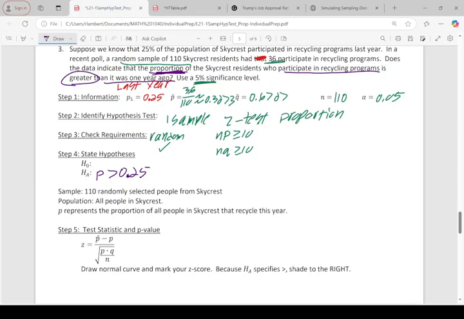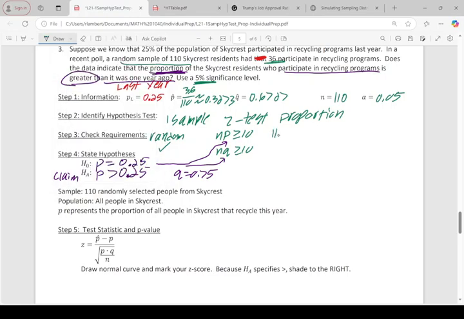So the claim we're testing is that it's greater now. And our null hypothesis is going to be to assume that it's the same, no different, not changed. Going from the claim to the null, you just replace the greater than with an equal sign, which is an easy way to do it. And then this becomes our p here. And q is going to be 0.75 for that calculation.